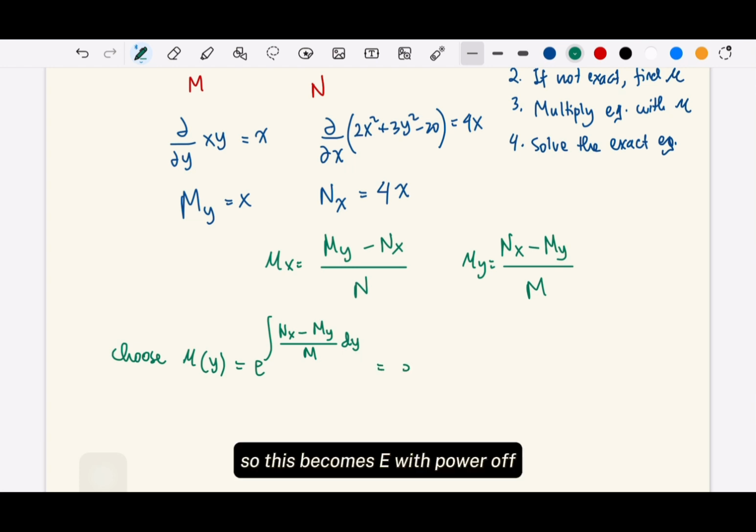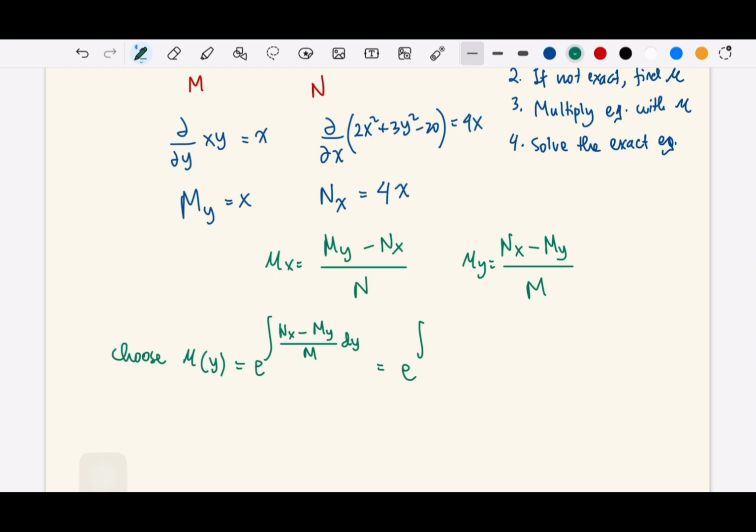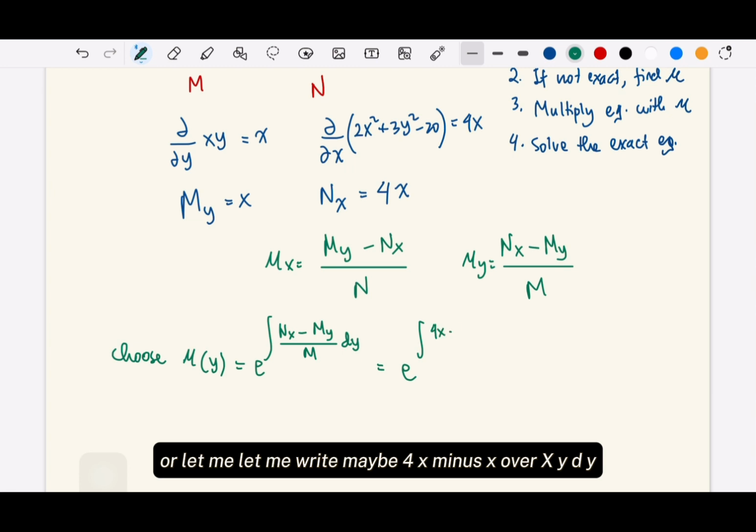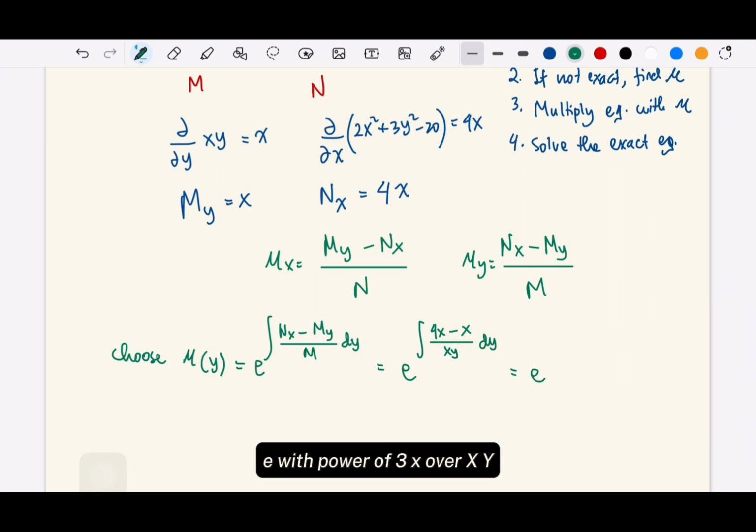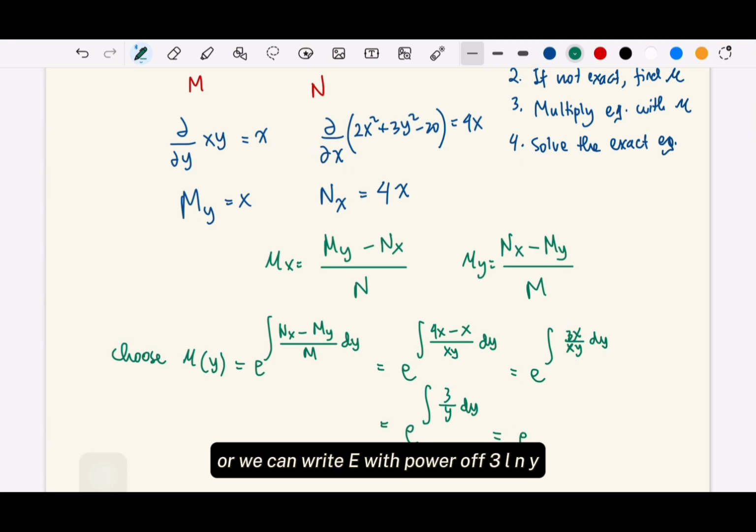So this becomes e with power of the integral of 3x over xy dy, and this will be 3 over y dy, or we can write e with power of 3 ln y.